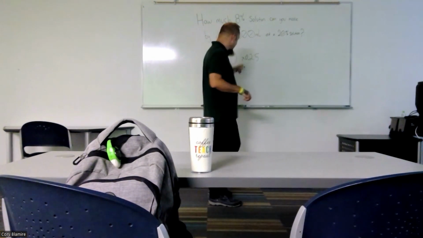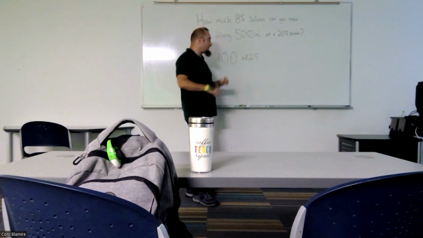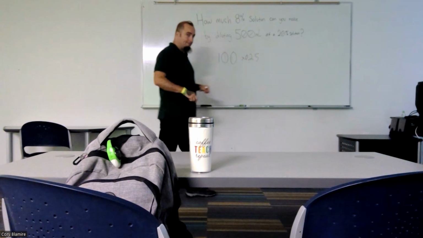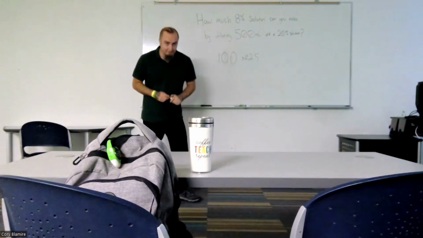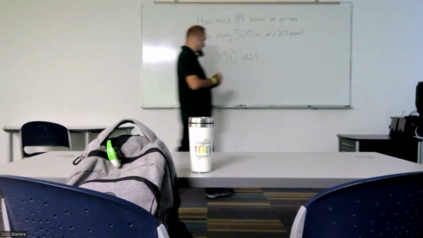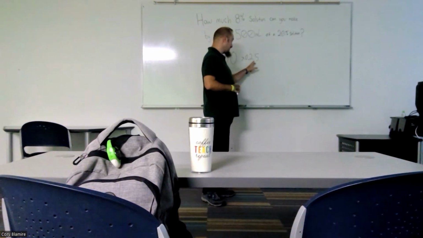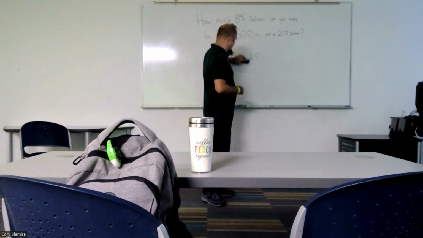So 100 times 0.25. Okay? And if we're multiplying something by 100, what are we doing? Adding 2 zeros to it. Right? So just moving that decimal point right back where it was in the first place, except without the percent.